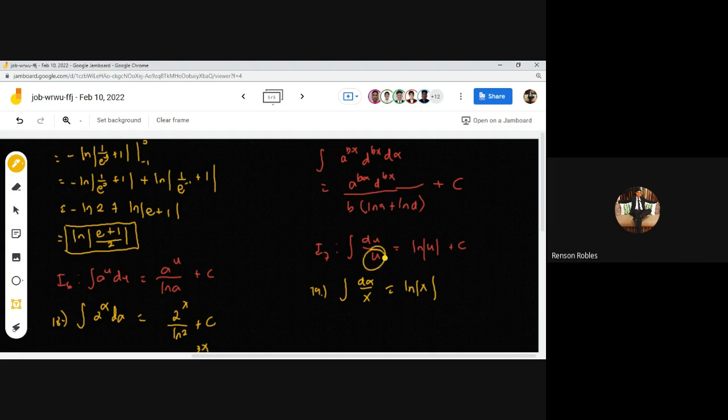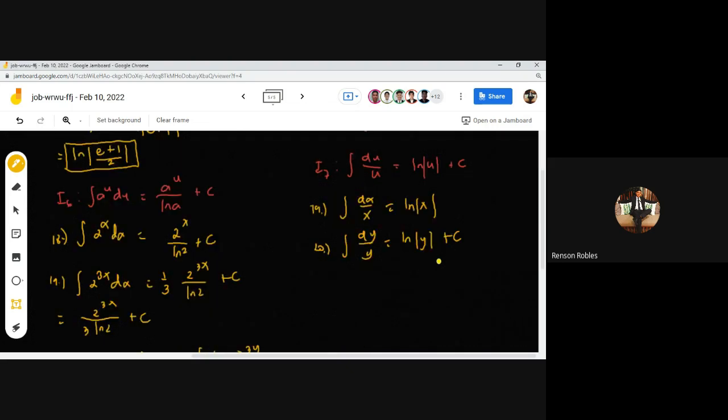Following this form, u replaced by x, so you just simply replace x here. Say integral of dy over y, so that's ln of absolute value of y plus c. I put an absolute value here because of the property of the logarithmic function that the domain of this function cannot be negative. So dapat hindi to negative. That's why we are putting an absolute value here.